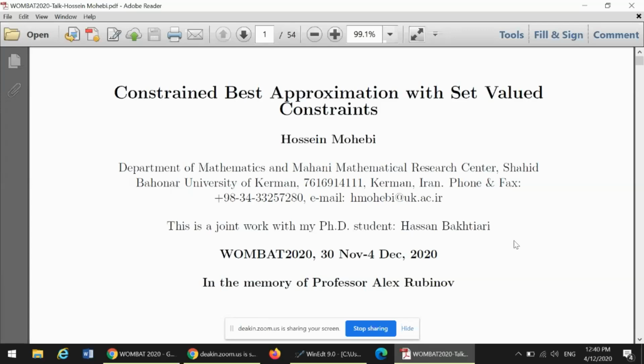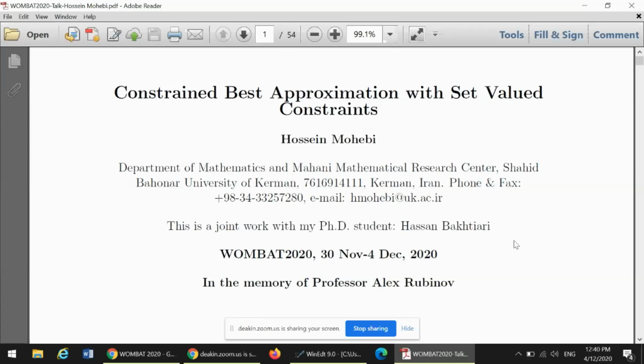But this work has been done in Asplund space, in Banach spaces, which is Asplund space. Recently, me and my PhD student have done a work on constraint-based approximation when the constraint functions are differentiable, but the number of constraints are infinite.